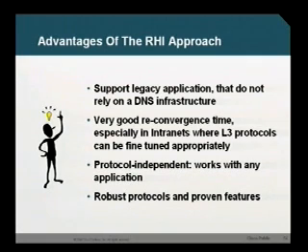So for that, RHI works. It has a very good reconvergence time. We don't have any issues with caching and whatnot. It's protocol independent. I mean, the protocol could be anything underneath IP. It could be HTTP, HTTPS, UDP, a custom TCP-based protocol.